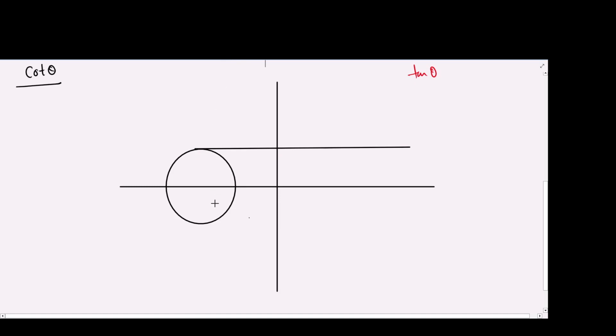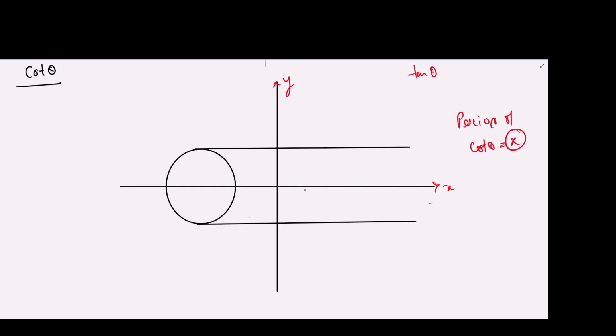Again draw a vertical line. So this is the y-axis and this is the x-axis, and the period of cot theta is pi. So we will plot up to pi only. So this is pi by 2 and this is pi. So this is 0, or we can call it A, this is point B, this is point C, this is point D.